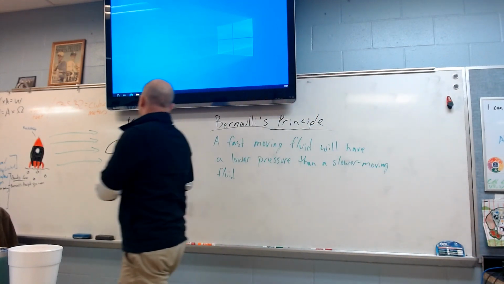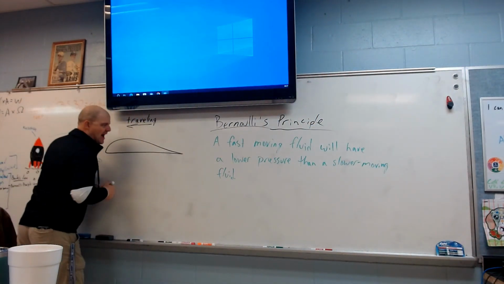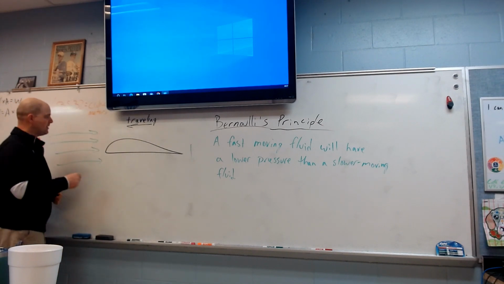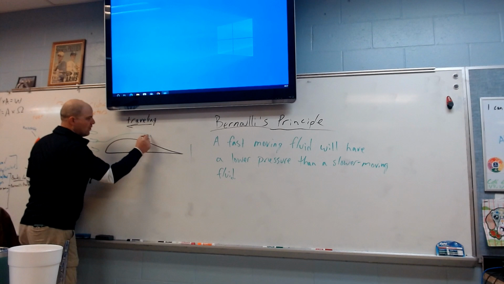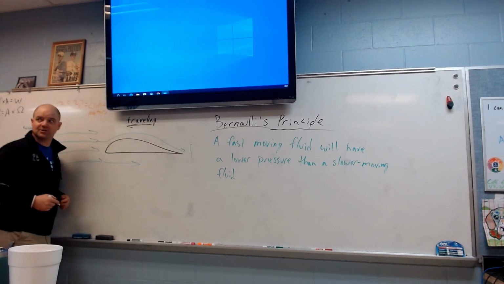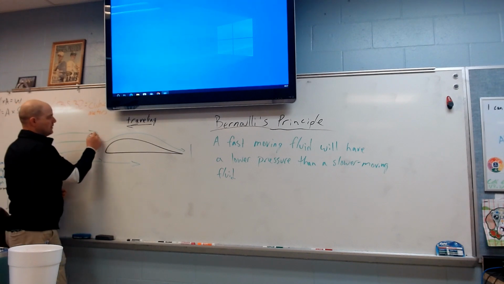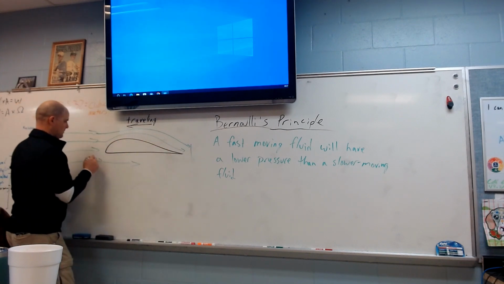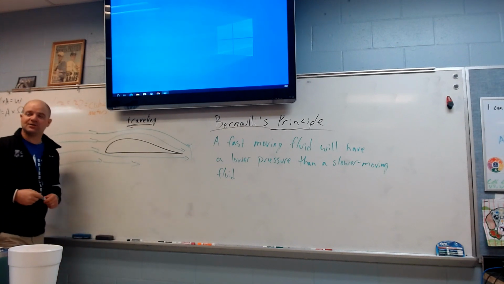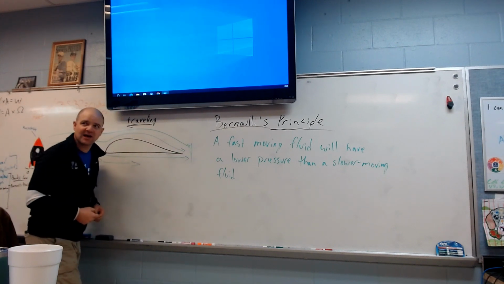Check this out. The air is going to get to the back of the wing at the same time. The air that has to go over the wing, or the air that gets to go straight under the wing, it's going to get back here at the same time.